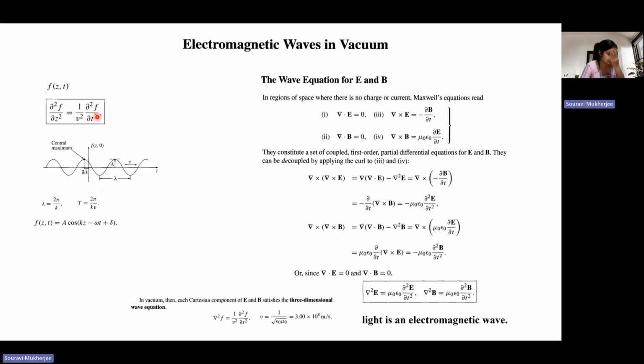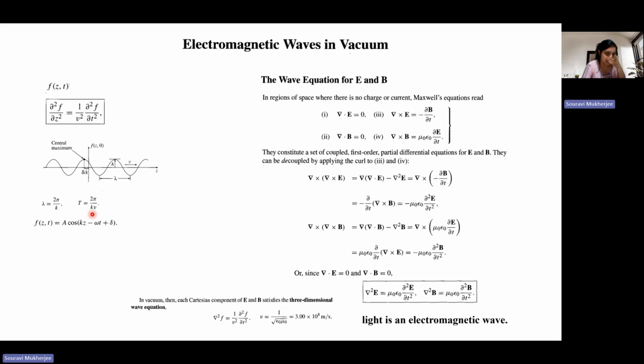Here v is the velocity with which the wave propagates. Basically, when you have this form, you can consider some sinusoidal function. If you consider f to be something like a cos(kz minus omega t), with some phase term delta, there are two dependencies, right?